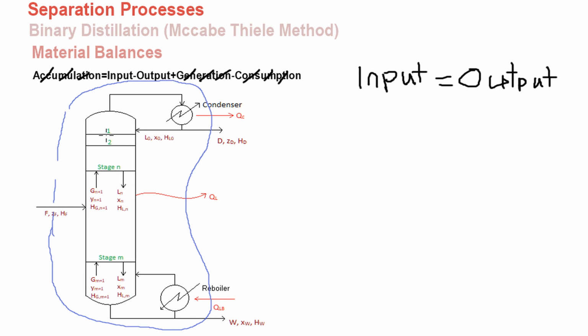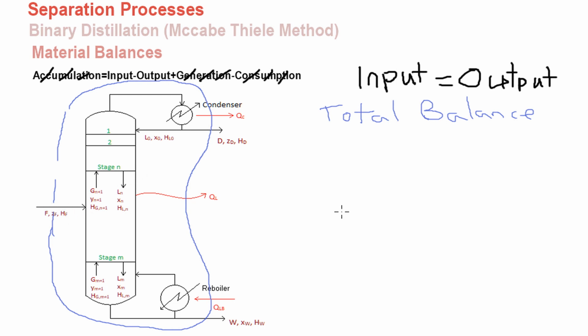Now, utilizing our system boundary, we must first identify what type of material balance we may first write. Our first material balance should always be a total balance. For this total balance, we utilize the flow rates of each of the streams entering and exiting the column.